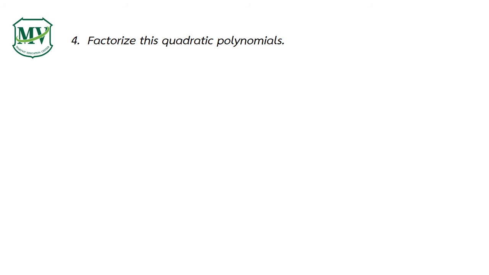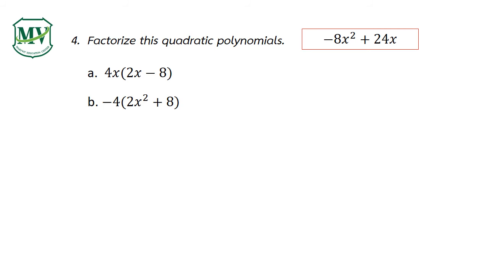So let's go to question number 4. Factorize these quadratic polynomials. This is the quadratic polynomial, negative 8x squared plus 24x. The choices are letter A, 4x times the quantity of 2x minus 8. Letter B, negative 4 times the quantity of 2x squared plus 8.